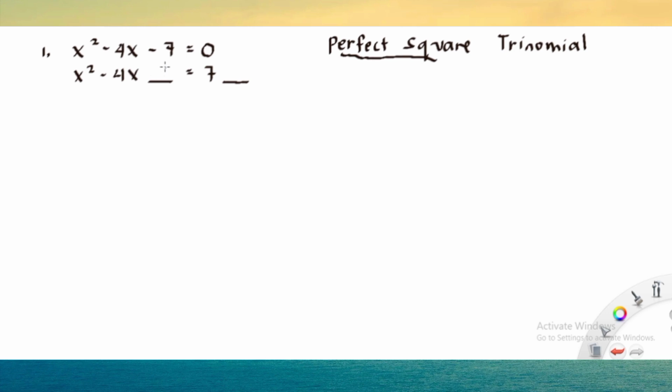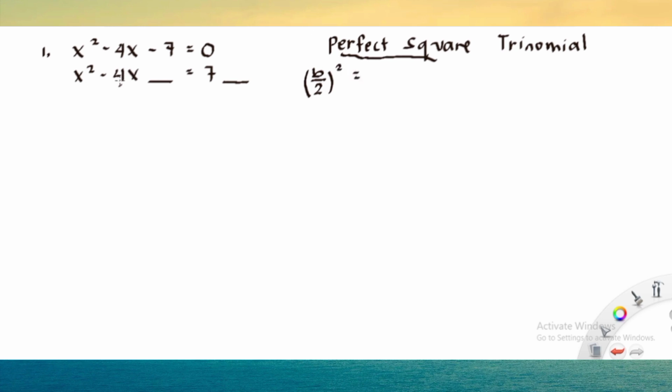So, ang idadagdag natin na term dito ay ang term na magli-lead sa buong equation na ito para maging perfect square trinomial siya. So, paano? So, kunin natin yung b natin. Our b is negative 4. Okay? So, we will follow the formula b divided by 2. And then the answer will be squared.